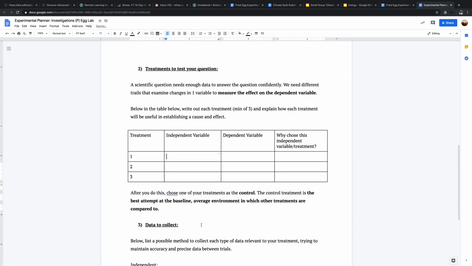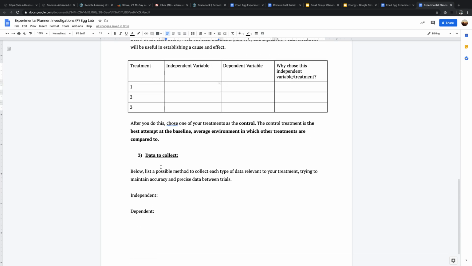Now the final thing that you're going to be doing is proposing the way in which you're going to collect data, making sure that you maintain accuracy and precise data between trials. So if I was going to measure people's leg height, I might measure from midfoot metatarsal, which is the big bones in your feet, to the hip bone in the center of the outer hip.